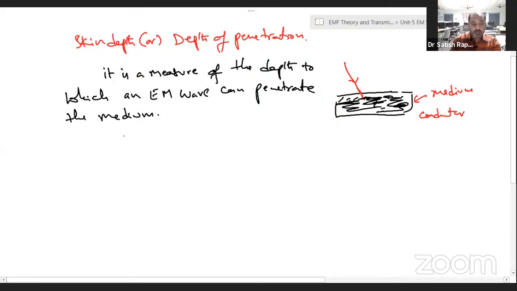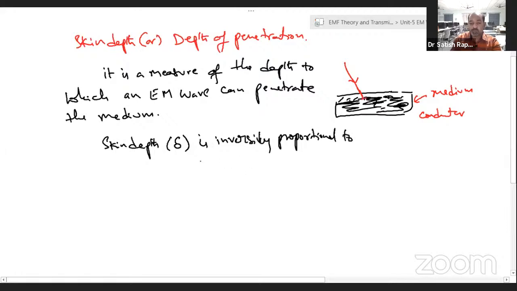The depth of penetration or skin depth, which is denoted by the symbol delta, is inversely proportional to the attenuation constant.